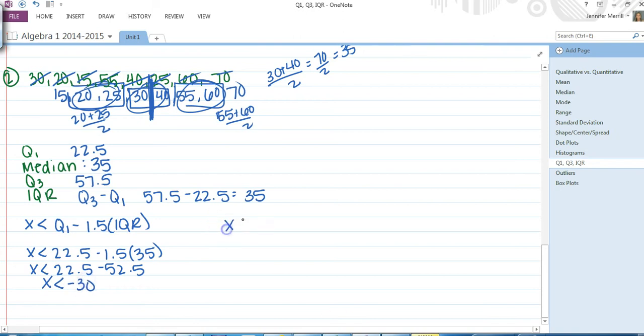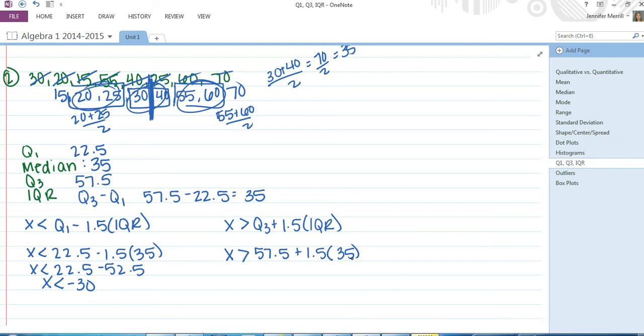Let's check the top end. X is greater than Q3 plus 1.5 times the IQR. So we have x is greater than Q3, which is 57.5, plus 1.5 times that IQR, which is 35, which is 52.5.